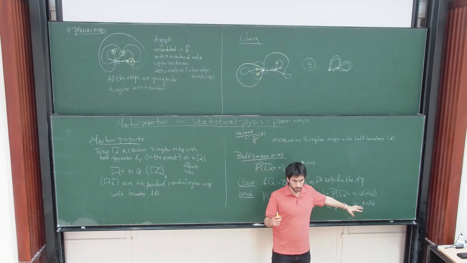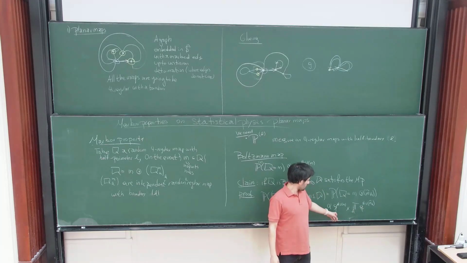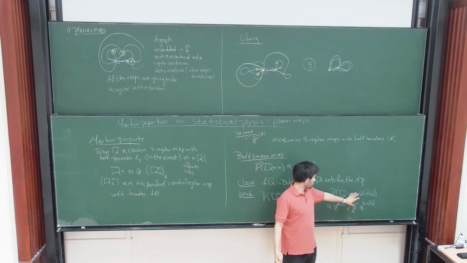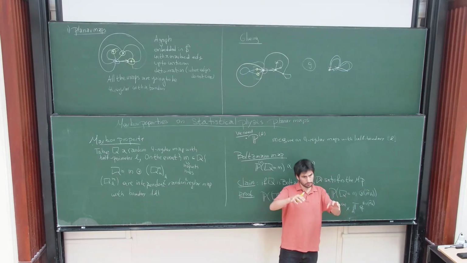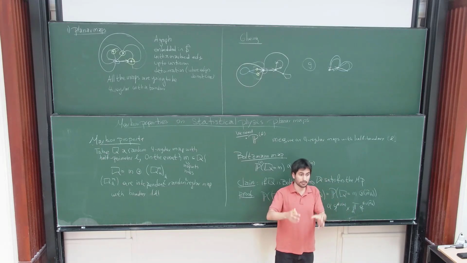It simplifies this computation. Essentially, I will have everything written as a product: the vertices on the map with holes, and the vertices of the things happening inside the holes.